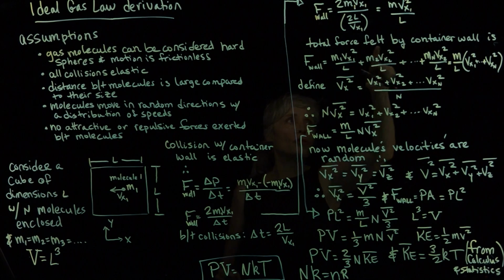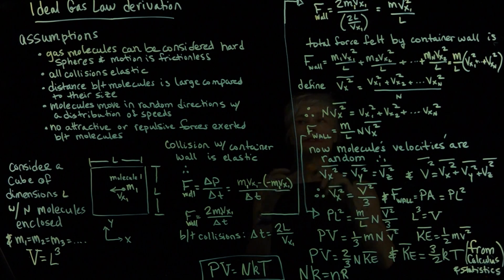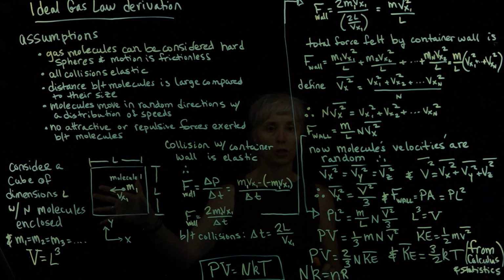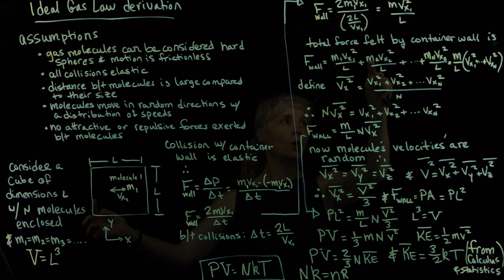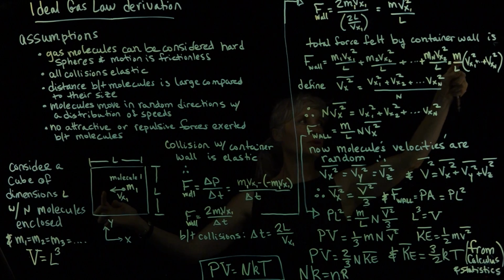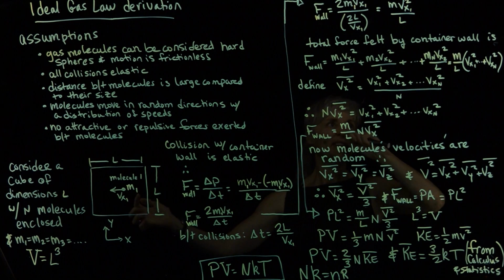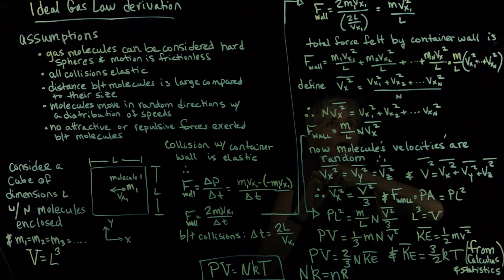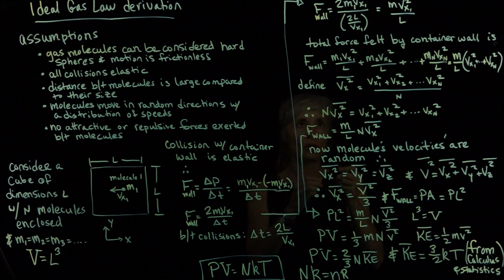So the total force felt by the container wall is going to be the sum over all of the molecules. We just looked at one molecule, but this wall is going to feel a force from the second molecule, the third molecule, the fourth molecule, all the way up to the Nth molecule. So we're going to have these speeds associated with these different molecules, also subscripted.